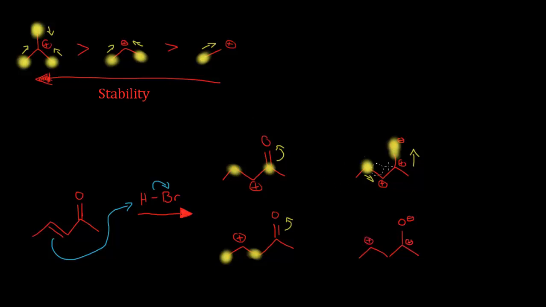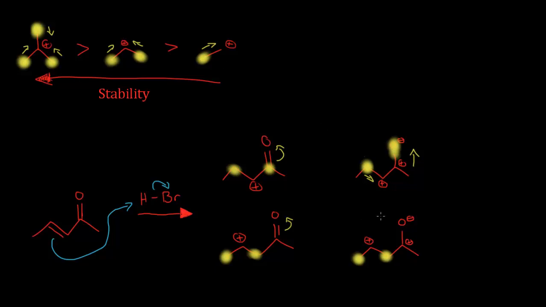Now, if you think about the electron densities, you have electrons over here, and you have electrons over here. Now, this carbon is far enough away from this carbonyl that it does not experience the electron withdrawing effect of the oxygen. So here, the electrons are still partly over here, and this one is not affected by this at all because it's far enough away.